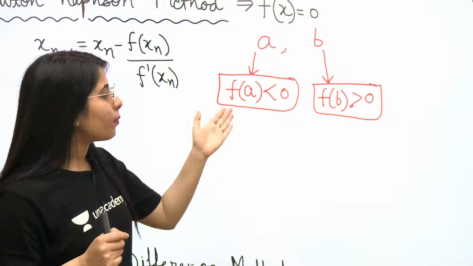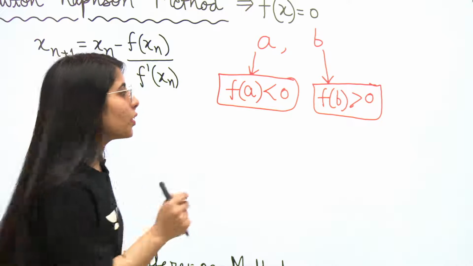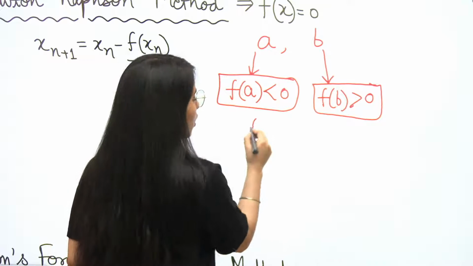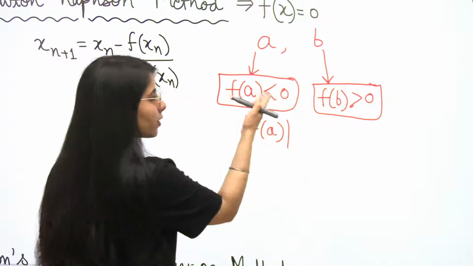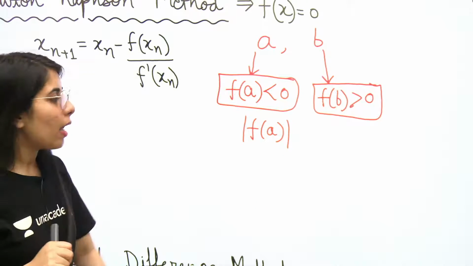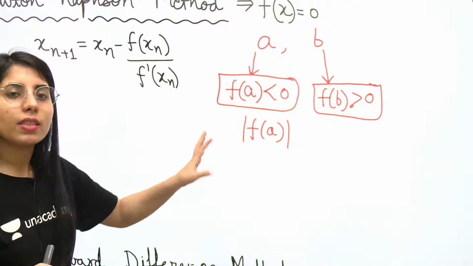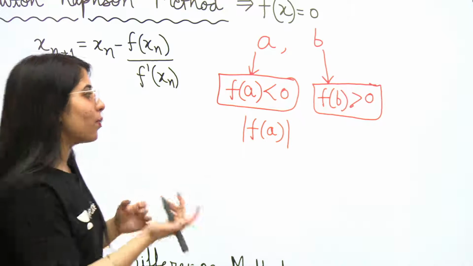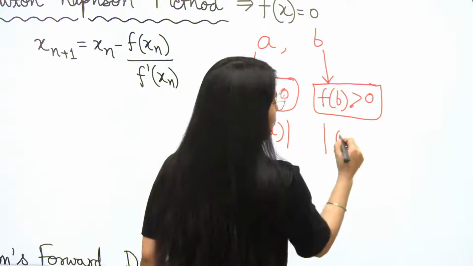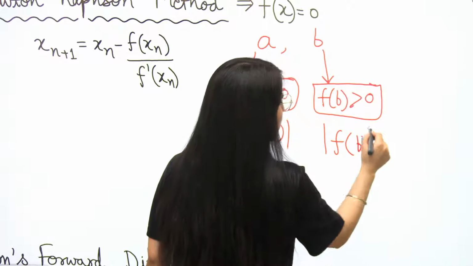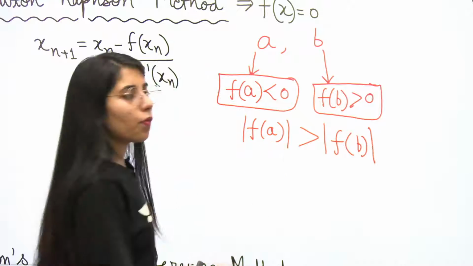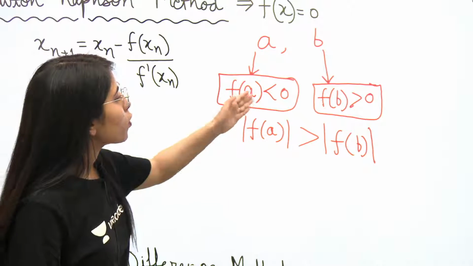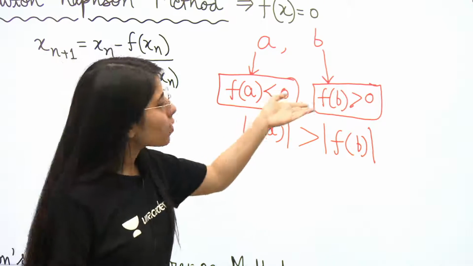Next step: now you need to compare the magnitudes. For example, FA will have some magnitude. Right now we have checked the negative and positive values, but magnitude means don't consider the negative sign; both values will be positive. FB, for example, if the magnitude of FB is less than the magnitude of FA, for example, FA was minus 12 and FB was plus 5.